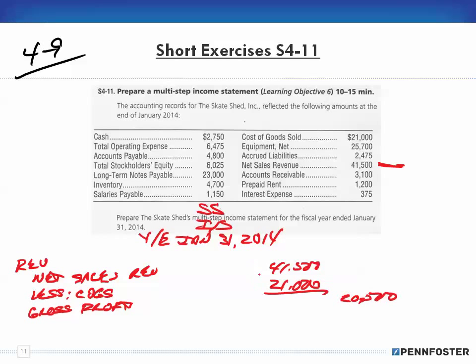This is math, so you already know if you watch those videos, doing multi-step, you'd have more than one column. It's telling you to prepare a multi-step income statement, but the authors are showing it in single step. Like I said, I'm not liking the solution here for this problem. Single step means only one column.